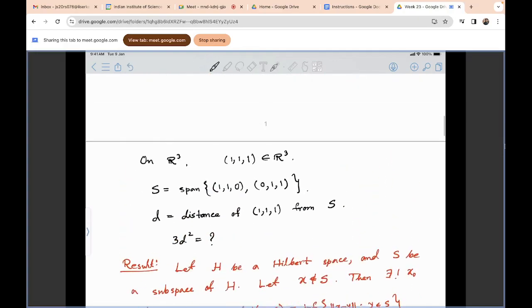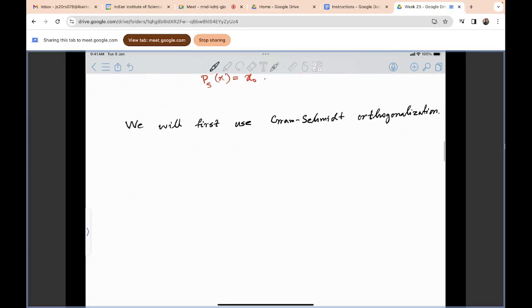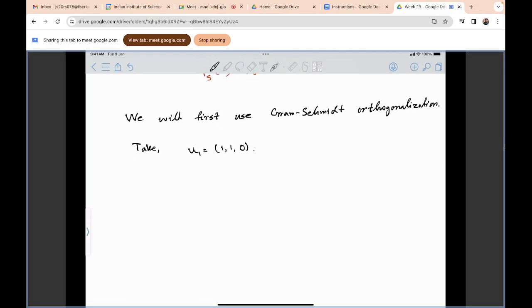So S is the span of (1,1,0) and (0,1,1). First take u1 to be the vector (1,1,0). Now next we have to find a vector which is orthogonal to this vector, given by the Gram-Schmidt orthogonalization. So u2 will be the other vector (0,1,1) minus its projection in the direction of u1.